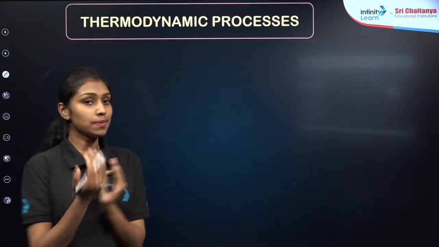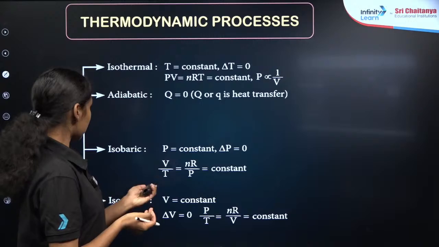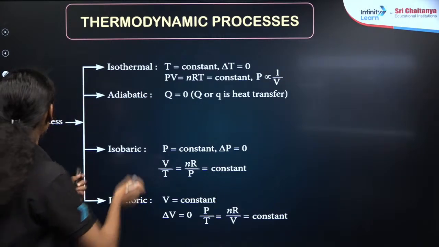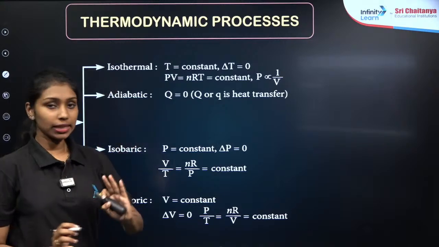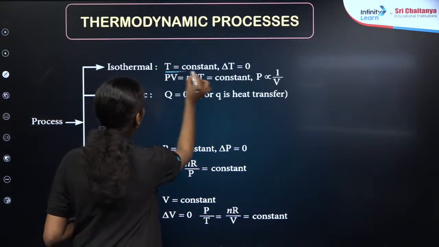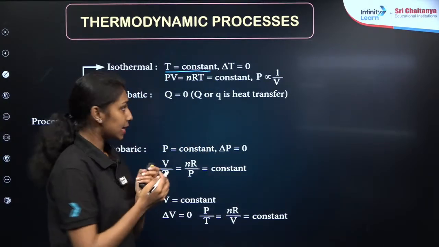Now, these thermodynamic processes can again be classified into different types, reversible as well as irreversible. Before that, I will give a summary. Isothermal means temperature is constant, which means delta T is equal to 0.